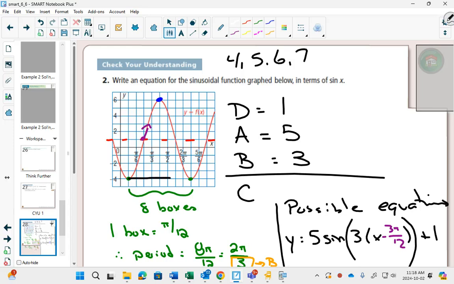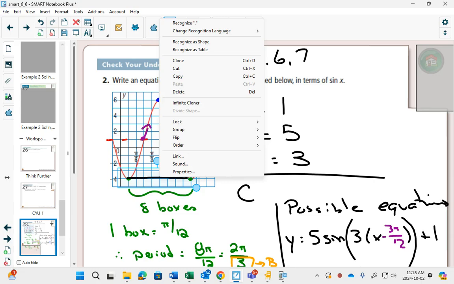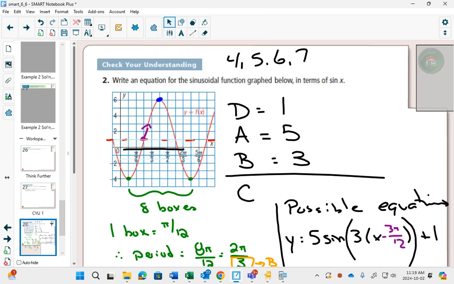This length from here to here, did anybody just say, oh, if I just move that 1 back, that matches up with 2 pi over 3 on my scale? Another way you could figure out your period was 2 pi over 3. But what I did is I counted how many boxes it was between these two and got 8 of them. Found out that 1 of those ticky marks was pi over 12. So I get 8 pi over 12.